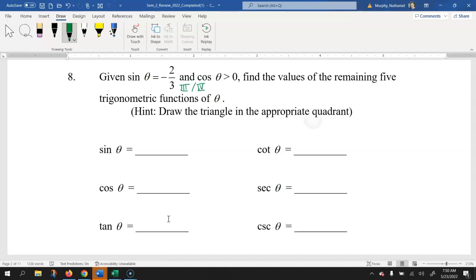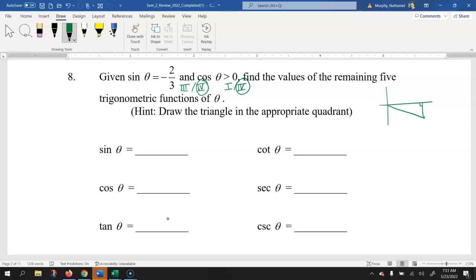Cosine is positive in quadrants 1 and 4. So obviously, since sine is negative in quadrant 4 and cosine is positive in quadrant 4, that's where our triangle would be. So if I just sketch a triangle over here in quadrant 4, we have a right triangle there.